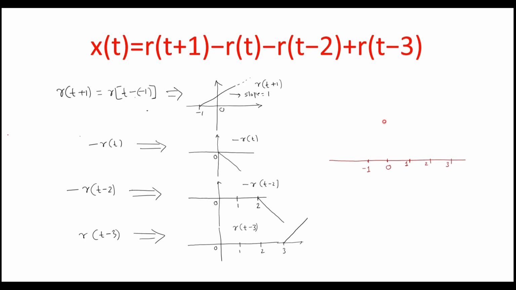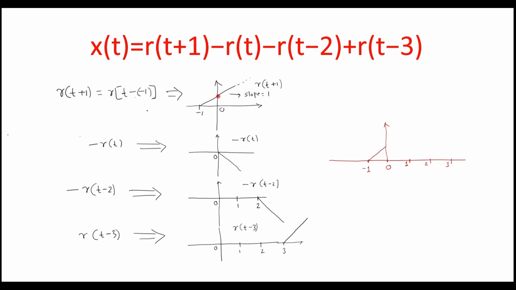So I'll draw here. It begins at t equal to minus 1 and it moves till t equal to 0 like this. Now at t equal to 0, another ramp signal begins here.